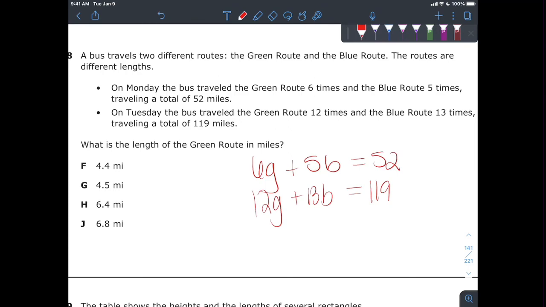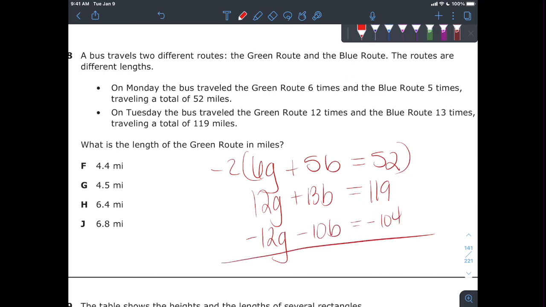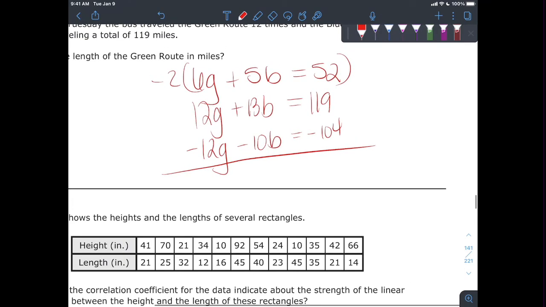Now, of course, I could go ahead and solve this by hand. I'll multiply this guy up here by -2 so I can do an elimination. Now I can go ahead and add these two guys together. And of course, get rid of that coefficient. And I'll find out that the blue route is equal to 5 miles.